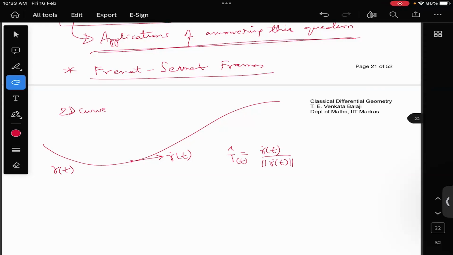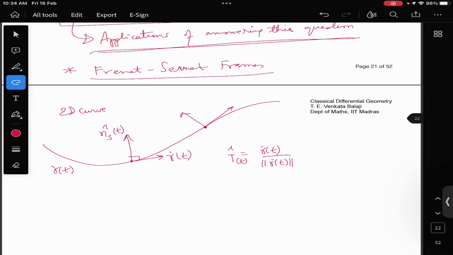This is one unit vector. Then the other unit vector will be the signed normal, so I can take this one. I am putting this cap just to tell you that it is a unit vector. You see, these two are orthogonal, and this is a moving frame now, because it changes with t. At this point I have taken these two. If I go to some other point, I'll get another set like this.